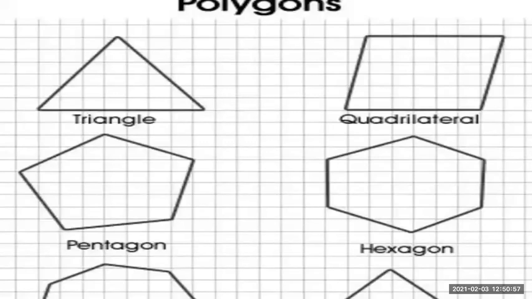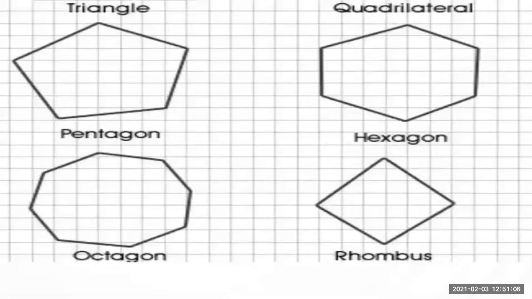See, you have to remember this. I will ask how many sides the polygons have. Now next is octagon. Octagon has how many sides? Very nice, octagon has eight sides.